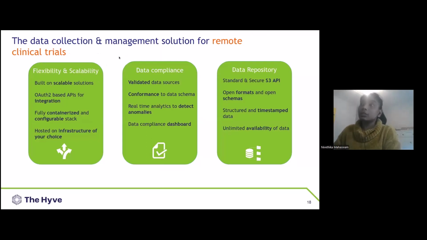So the first is flexibility and scalability. We use a scalable solution. Most of the components can be distributed. So you can use this platform for a study with 10 to 20 participants or thousands of participants, and you can use bigger compute if you want to scale up to a bigger trial.